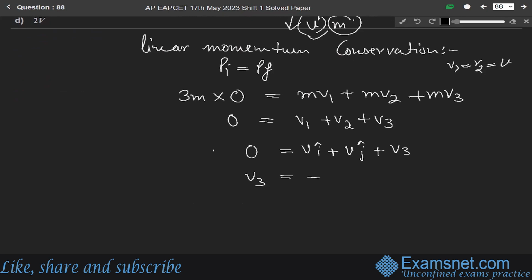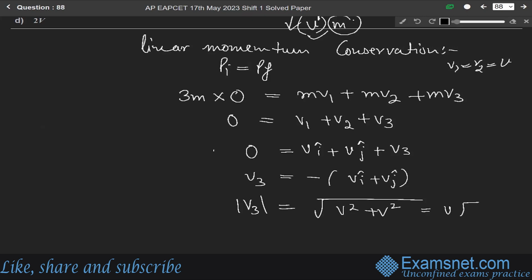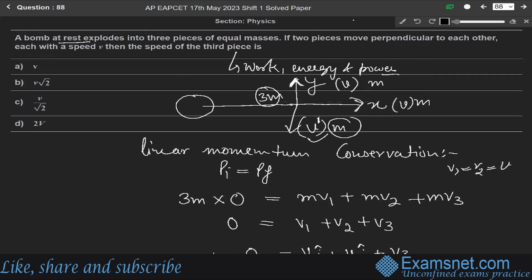So v3 will be equal to minus of v i cap plus v j cap. Finding its magnitude, we write under root of v square plus v square, which equals v root 2. So the speed of the third particle will be v root 2. So the correct answer is option B.